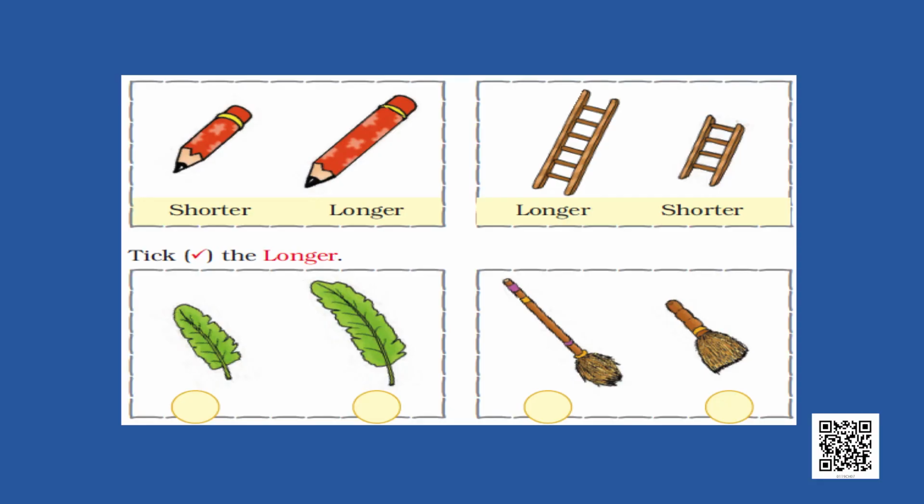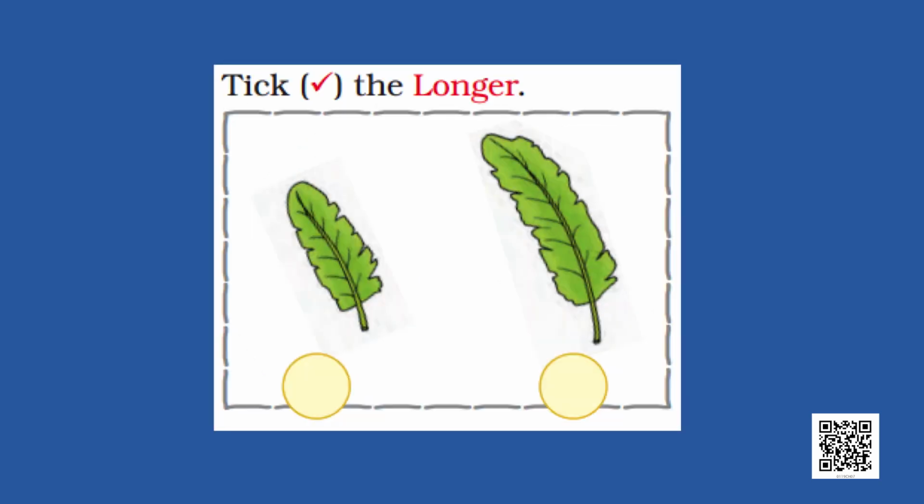Okay, there are many other objects like these two feathers. Now you are able to see these two objects on the screen. These two are the feathers. Can you tell me which one is longer? Yes, the one which is ticked is longer and the other one is shorter.